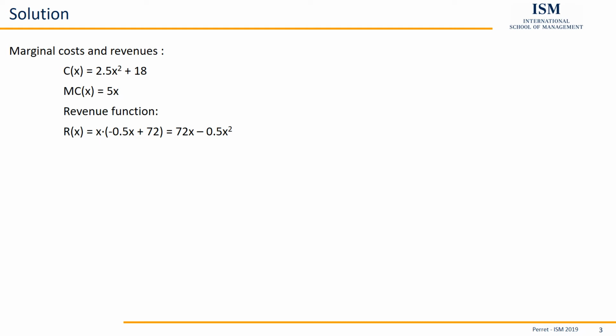Here we have x times, in parentheses, the demand function. Then we multiply this out and get 72x minus 1/2 x squared, and we only have to take the first derivative thereof. So again we have 72, the x is omitted, minus 1/2 times 2x to the power of 1, because there's 1 subtracted from the 2. So we get 72 minus x.